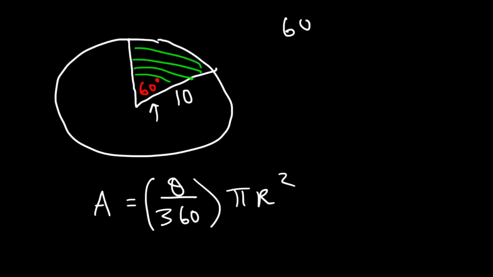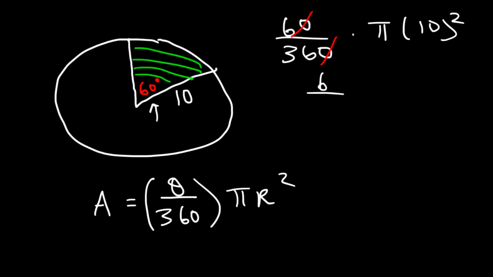So it's going to be 60 divided by 360 multiplied by pi times the radius squared, where the radius is 10. Now 60 divided by 360, what we can do is cancel a 0. So we have 6 divided by 36. And 10 squared is 100. Now, 36 is basically 6 times 6.